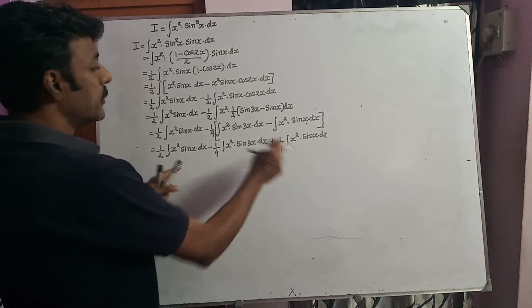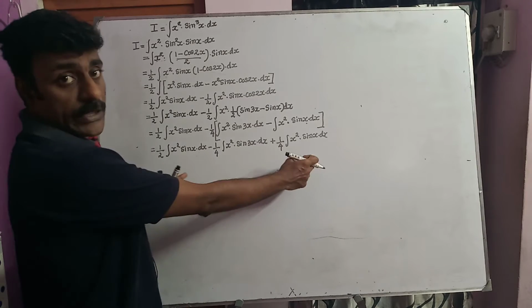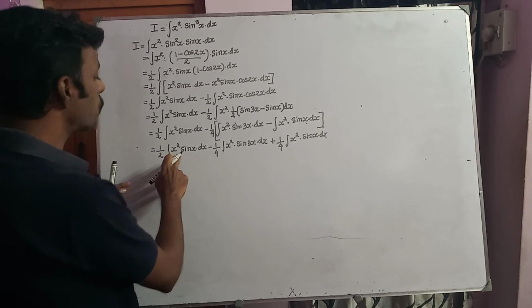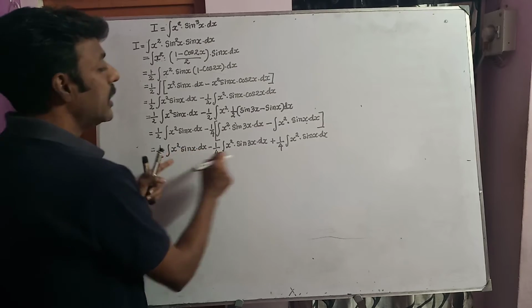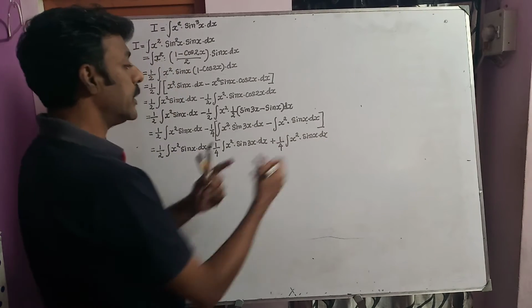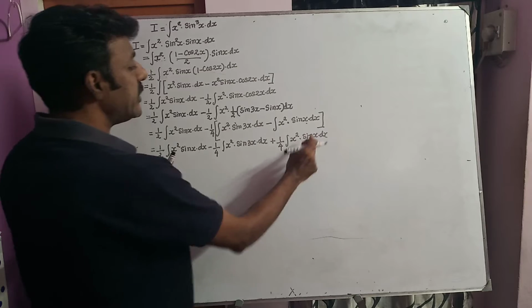So this is the term. Finally we have arrived at this. So we can combine both the integral x squared into sine x into dx terms.